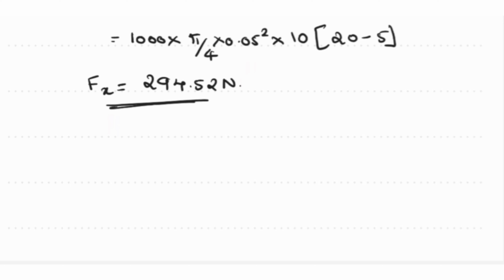This I will explain while drawing the velocity triangle. So we have to calculate force exerted, Fx is equal to question mark, and second one is work done per second, not for unit weight, is equal to question mark. So let us draw the velocity triangle.